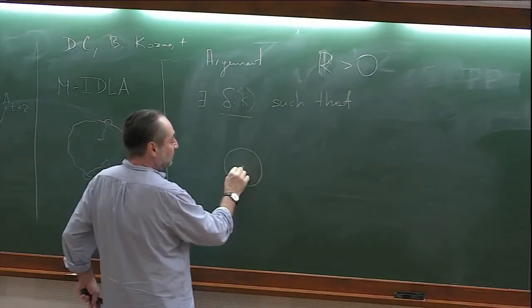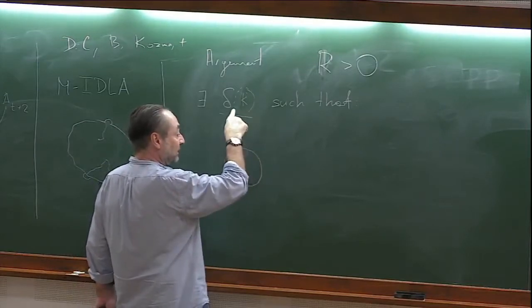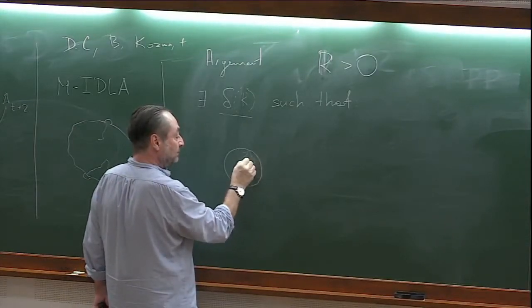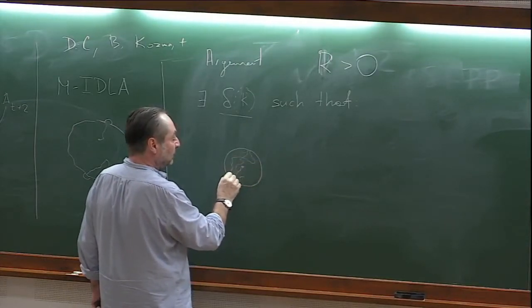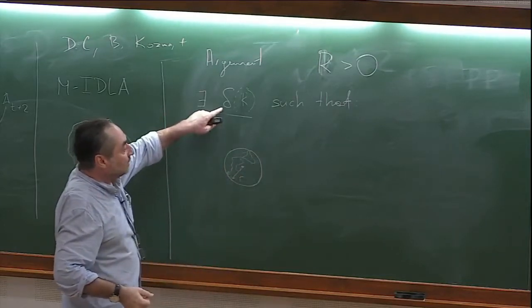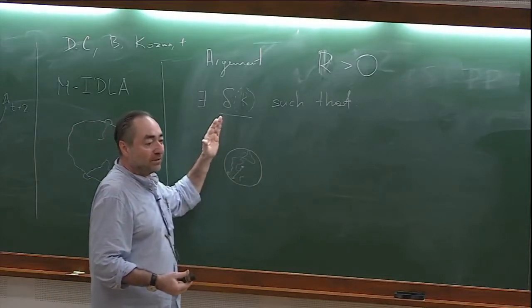I move, try to bounce outside, but delta is so large that in this attempt I don't succeed. I move, bounce, I don't succeed. So if delta is very large, my first success, roughly speaking, will be after 1 over delta bounces.